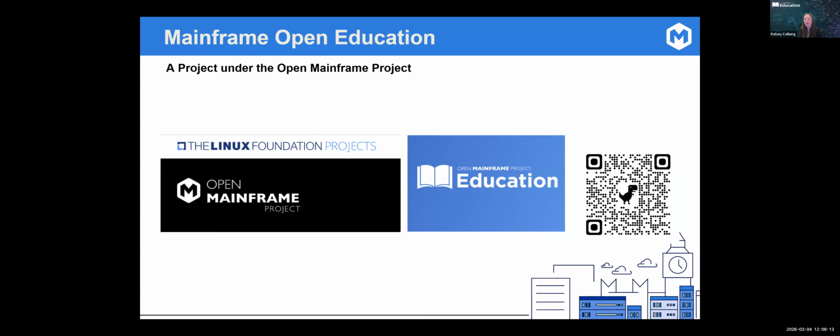I have the QR code up here, and we'll touch base on it at the end of the presentation in terms of how you can get more involved in the Open Mainframe Project Education sub-project, and some options to get started.